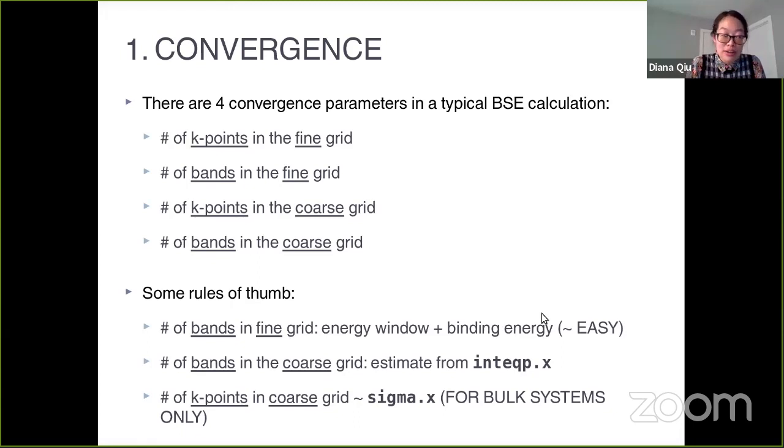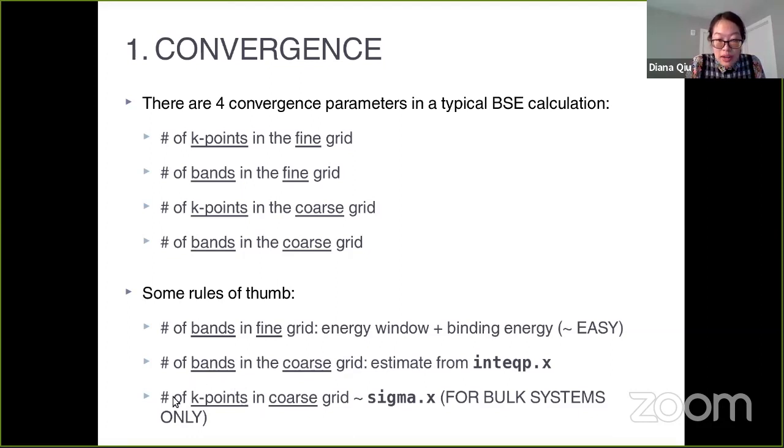This is pretty straightforward. Then the number of bands included on your coarse grid needs to be a larger number in order to get a good interpolation. You can estimate this from inteqp.x and from the error estimates that the code gives you while doing the interpolation.